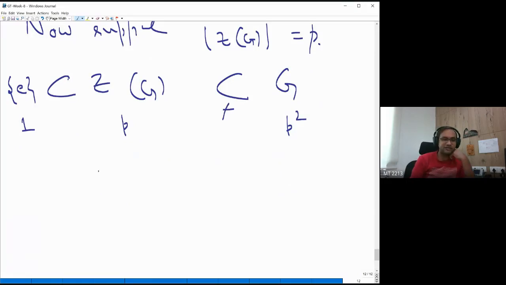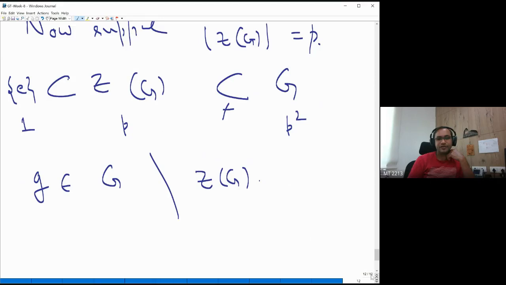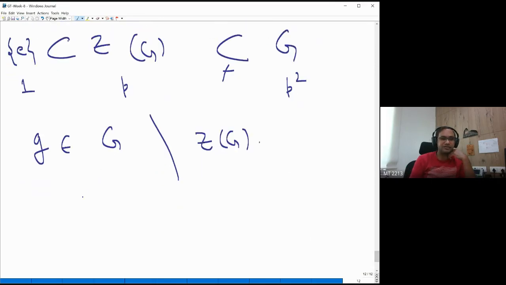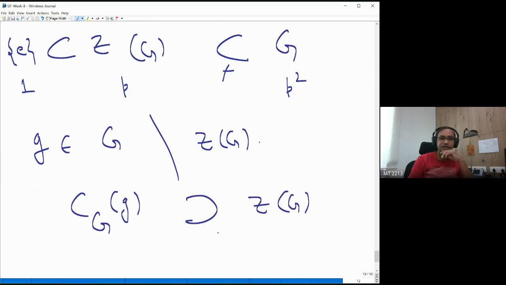This is what we want to say. So let's say that I have some element g which is in the group G, but it is not in the center of G. I can take the centralizer of this element, the centralizer of g in G. What can I say about it? This will certainly contain the center of G, and it will contain it properly.